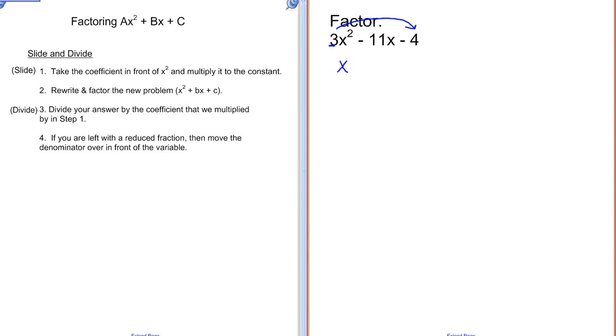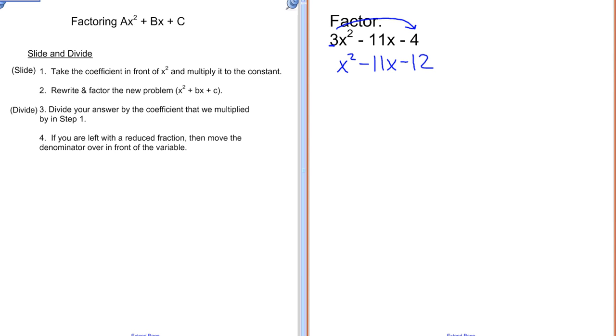I'm going to rewrite this. This is now step 2. x squared minus 11x minus 12. So we've taken the 3 and we slid it over to the constant, which was negative 4, and we created a brand new problem. Now we're going to factor this brand new problem.